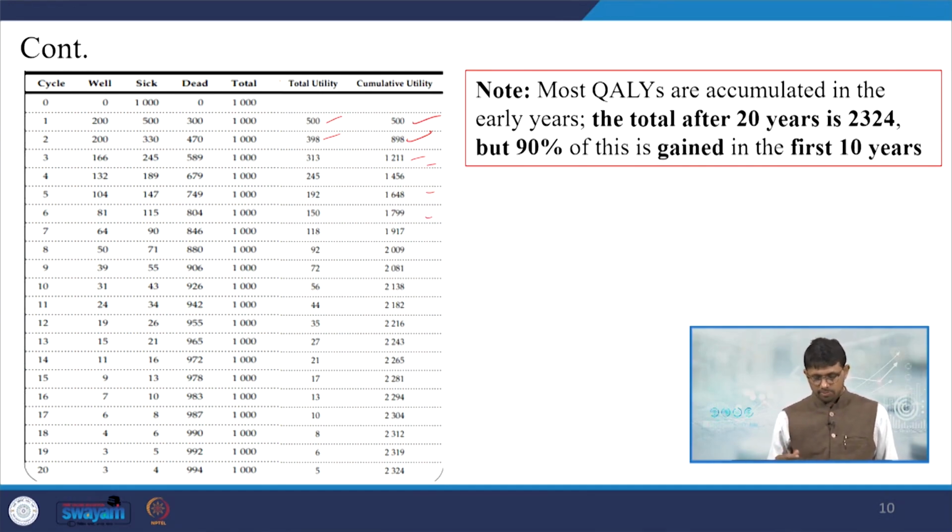Later on, since we are approaching the later age and the period of death, the quality returns are very less. So, the total after 20 years is actually 2324, but 90% of this is gained in the very first 10 years. You can see, okay, till 10 years already 90% is gained.